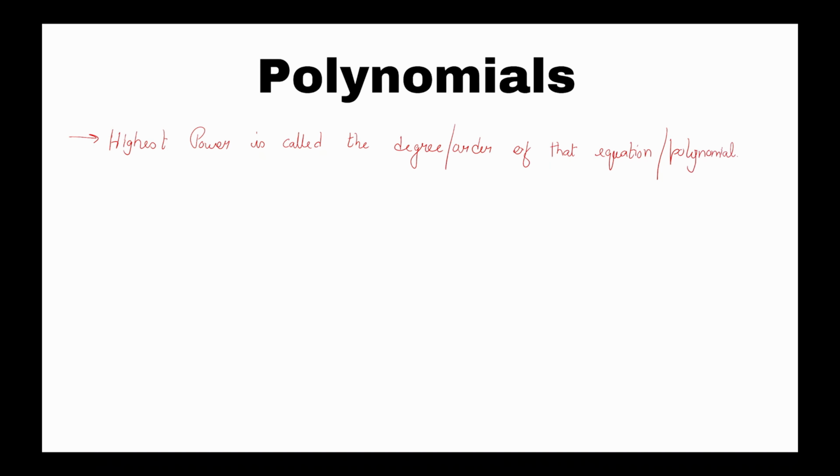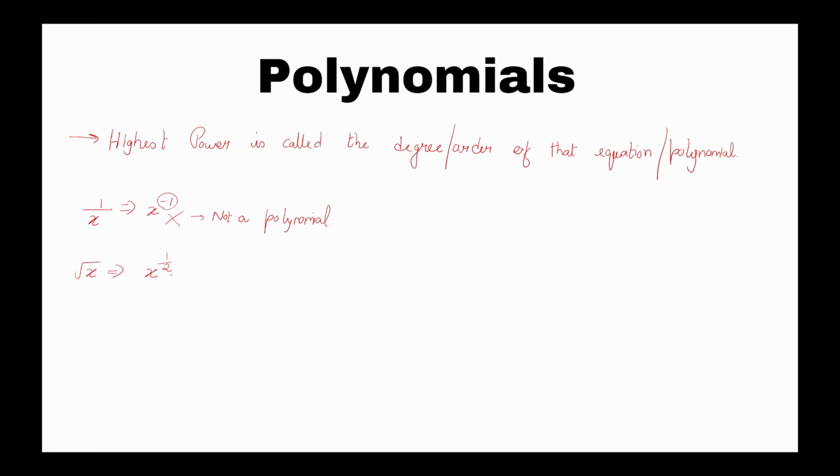So now if I was to tell you an example, let's say if I have 1 by x, would you say that this is a polynomial? No, because if you convert this into, let's say, the numerator form, what would it become? It would become x to the power minus 1. And is minus 1 a whole number? No. That means it is not a polynomial. Taking one more example, let's say if you have root x, if you convert it into power form, what would it become? x to the power 1 by 2.